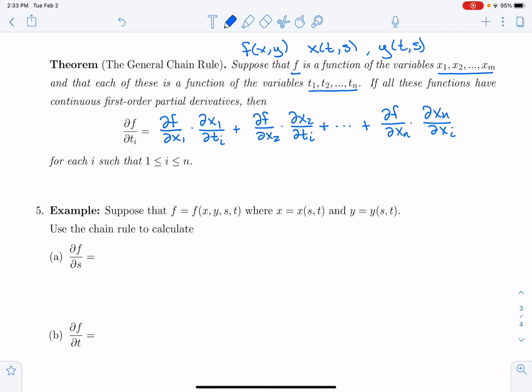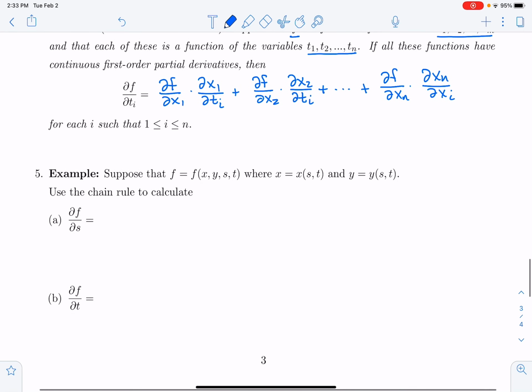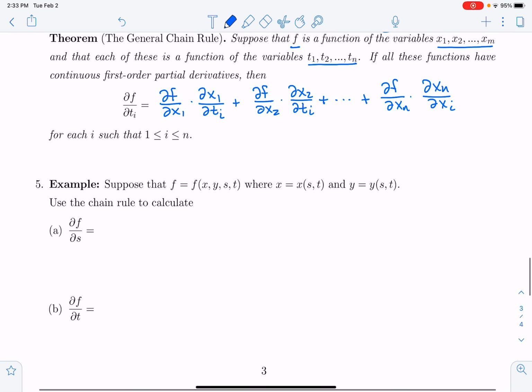So now I'm going to look at an example. We're going to have that f is a function of x, y, s, and t. And these are going to be interesting because x and y are going to be dependent on something, but s and t are going to be independent variables.